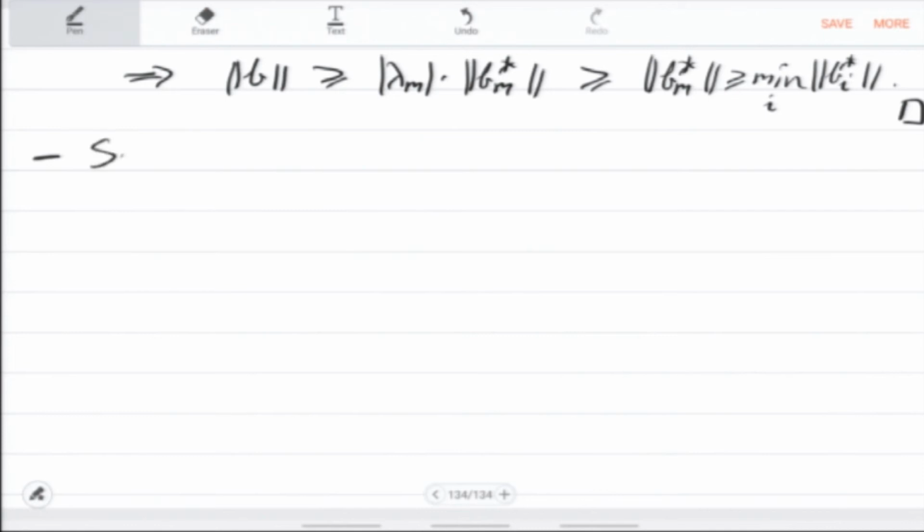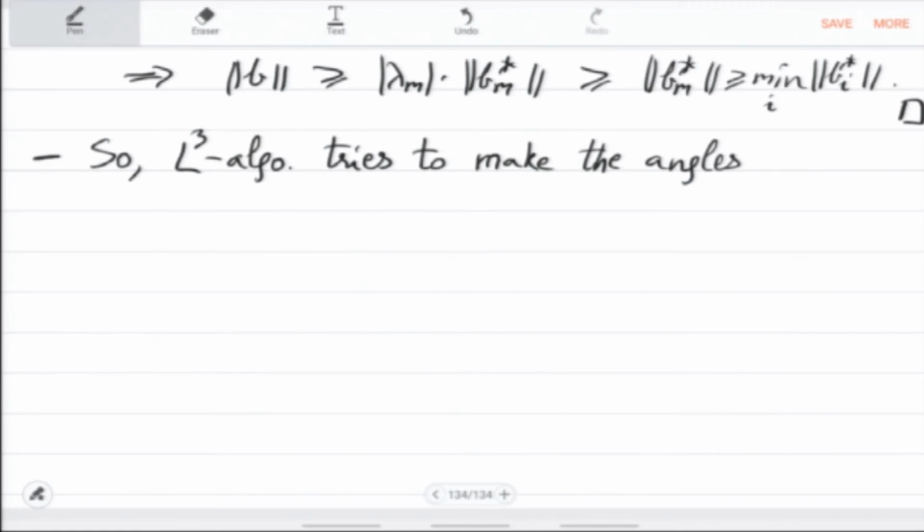So, what will L cube do? The L cube algorithm tries to make the angles in a basis of lattice close to 60 degrees.